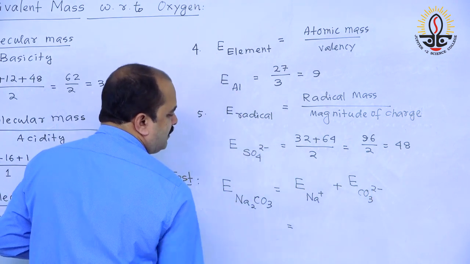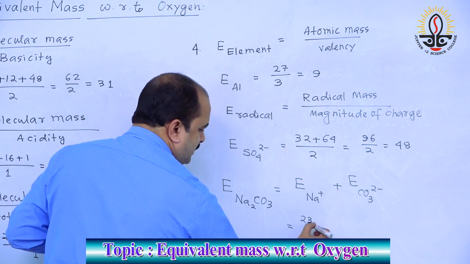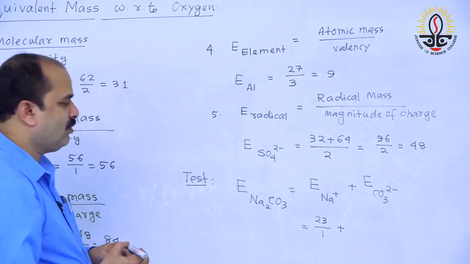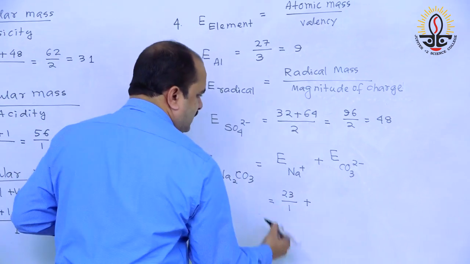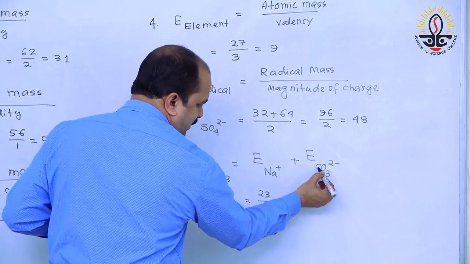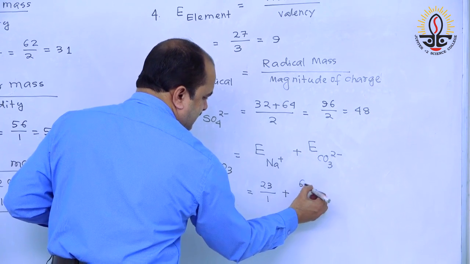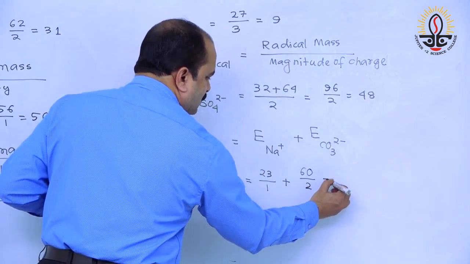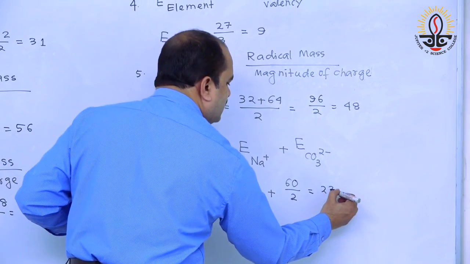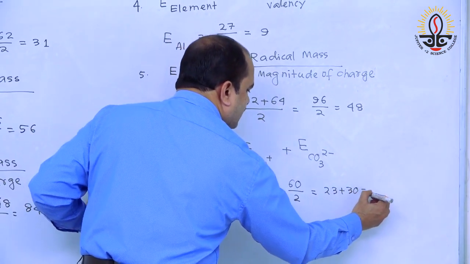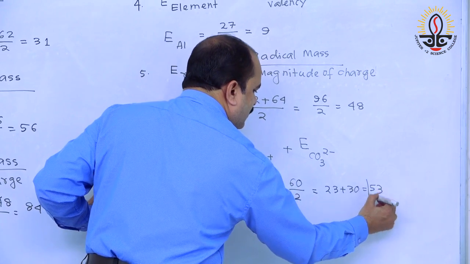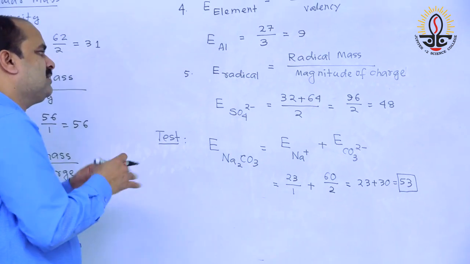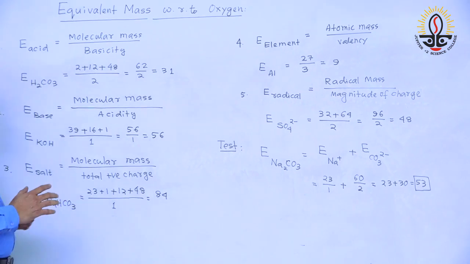Equivalent mass of cation is 23 by 1, since the atomic mass of sodium is 23 with 1 positive charge. Carbonate is carbon 12 plus 48, which is 60, divided by magnitude of charge 2. So the answer is 23 plus 30, equal to 53. Equivalent mass of sodium carbonate is 53. These equivalent masses we have already discussed in the previous classes.